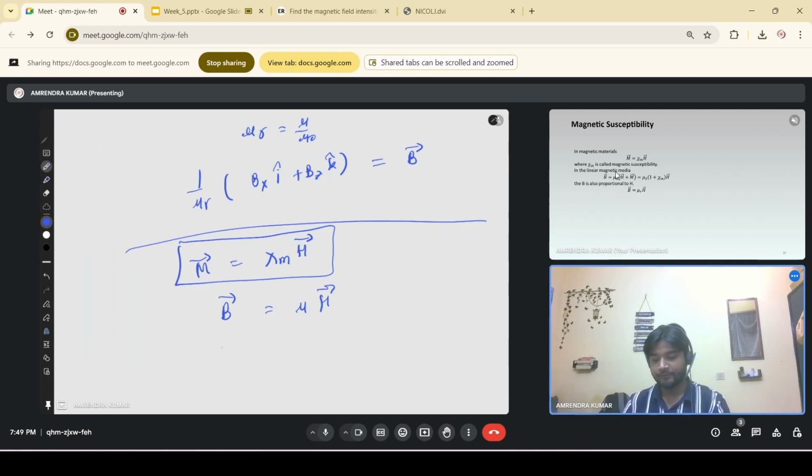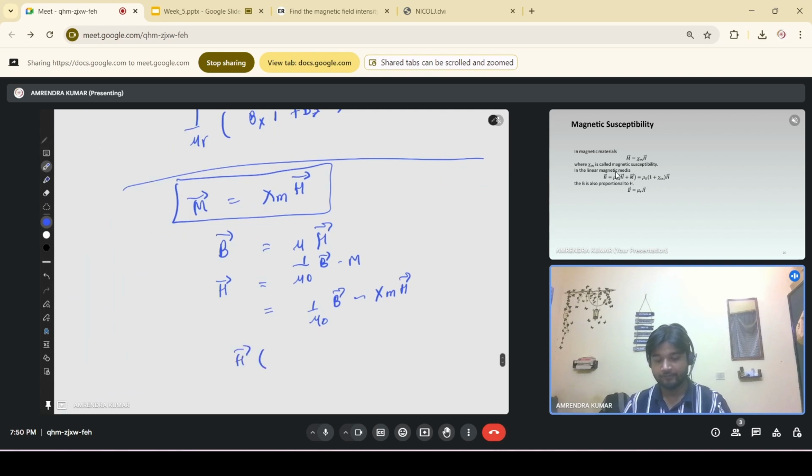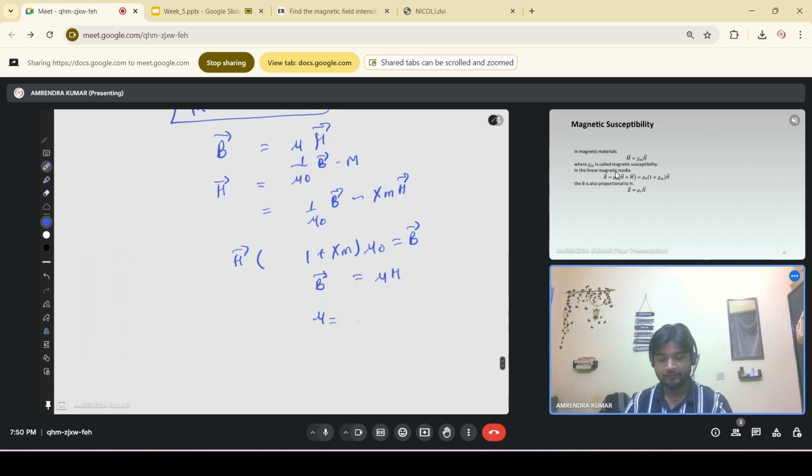From the equation, H is equal to 1 over mu 0 B minus M, so H equals 1 over mu 0 B minus chi M H. Then you can write that 1 plus chi M times mu 0 times H is equal to B. So B is equal to mu H, where mu is mu 0 times 1 plus chi M, and 1 plus chi M is mu R. So this is how it is written.